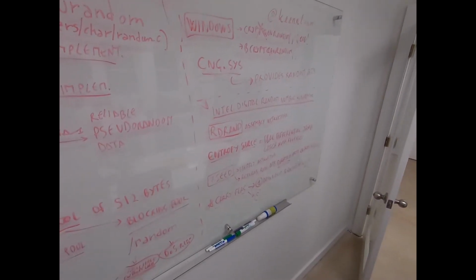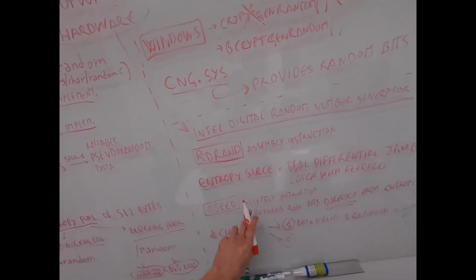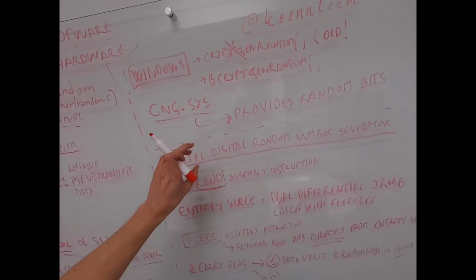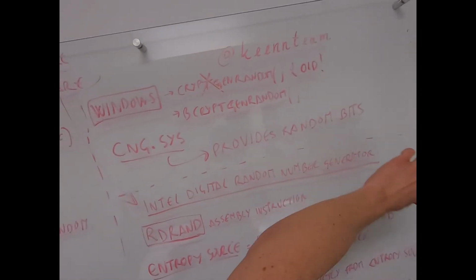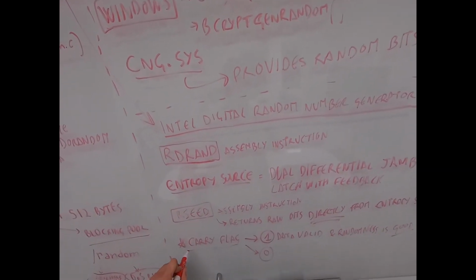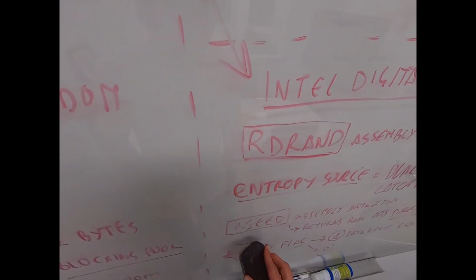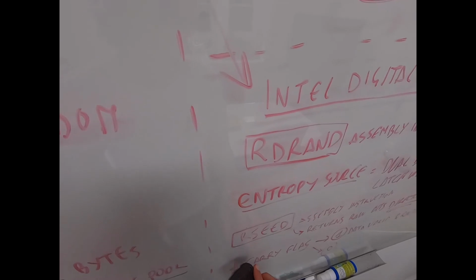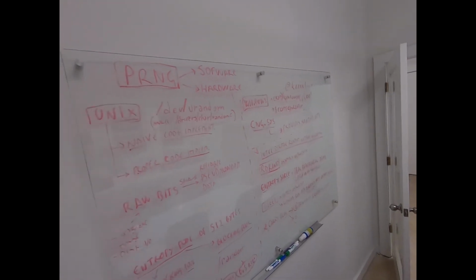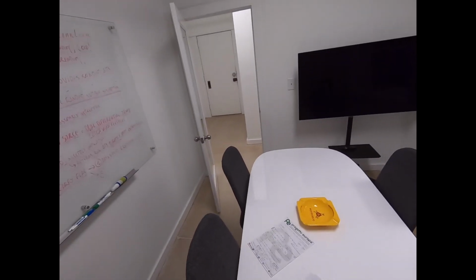Nobody writes assembly code directly, but just to know, part of the process of getting random numbers from this hardware random generator of the Intel chip is also to check the carry flag. Very good. And this pretty much concludes the section about pseudo-random number generators.